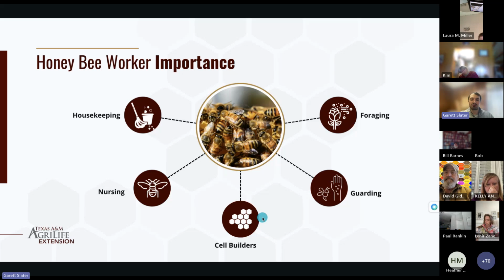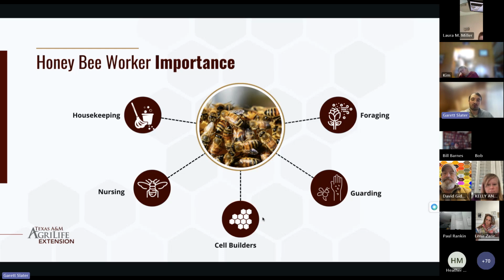Then we have the cell builders. These are the workers that form specialized glands in their abdomen to produce new wax. As a new beekeeper, you'll be buying a lot of plastic foundation, but in order for a queen to lay eggs or for the colony to store honey or nectar, that plastic needs to be drawn out into wax.